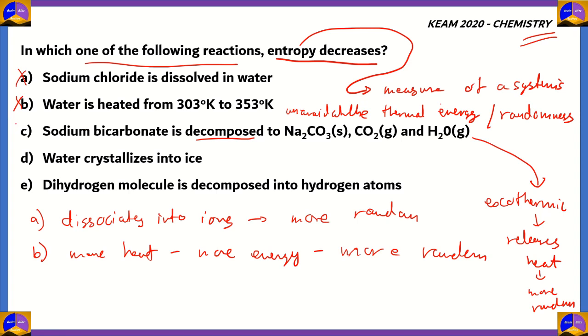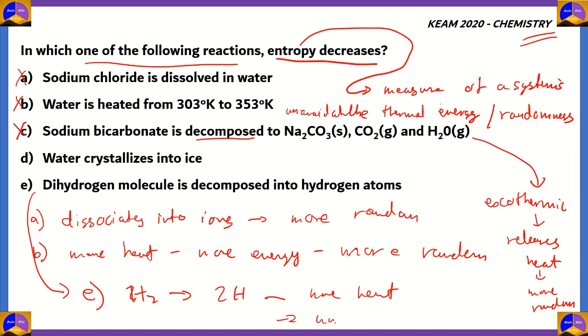So therefore, option C is incorrect. Now, what about option E? Dihydrogen molecule is decomposed into hydrogen atoms. Well, H2 now turns into 2H. So therefore, it requires an enormous amount of heat to break the bond between the two hydrogen atoms. So that means more heat, which means more random.